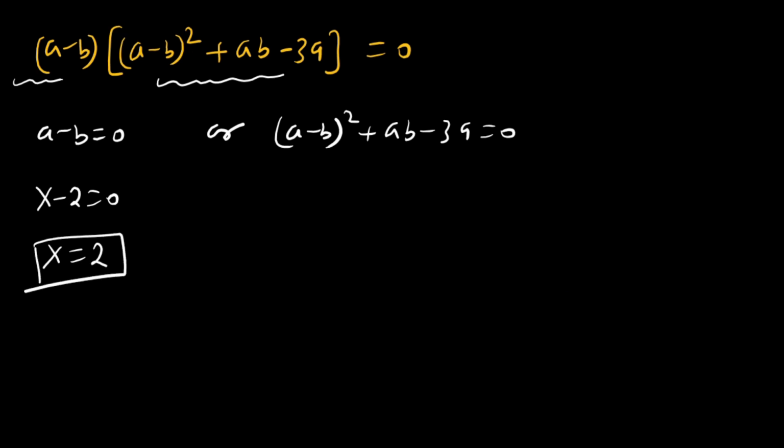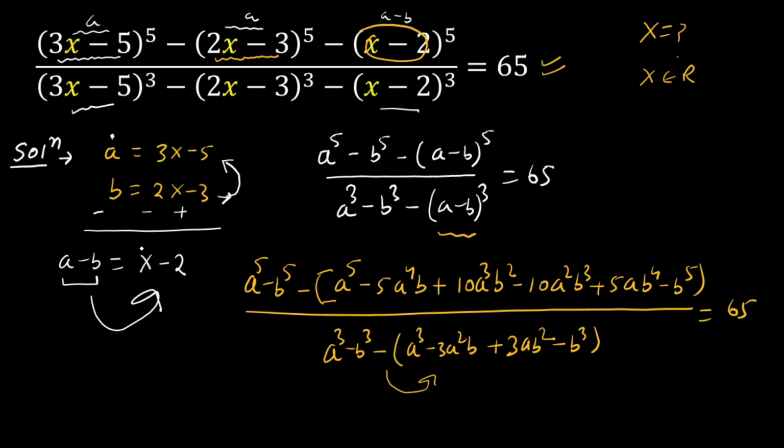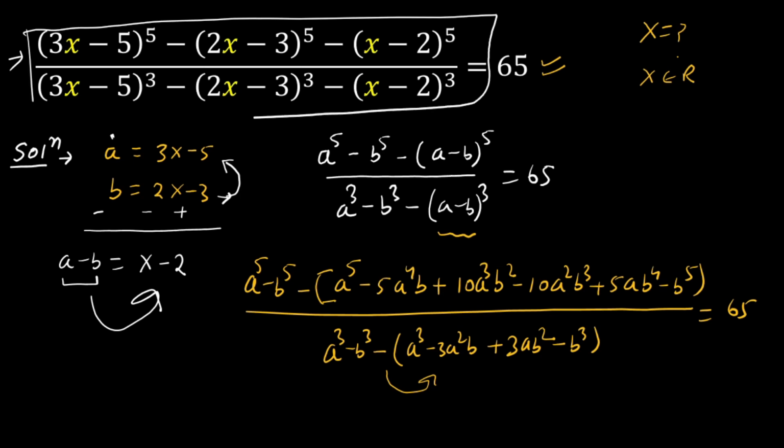But students, look carefully. If we substitute x equal to 2 in the given equation, then the given equation is not satisfied. So that's why I will say x equal to 2 is not a solution of this equation.